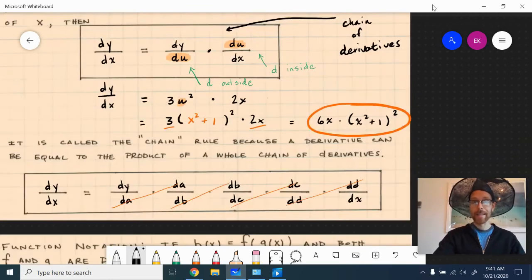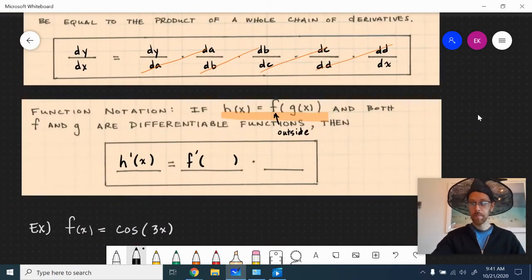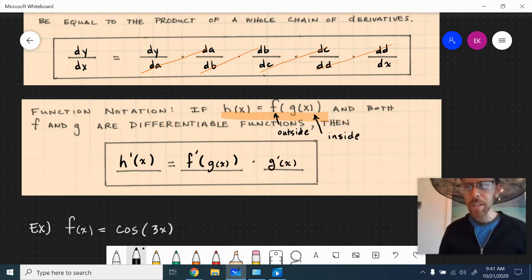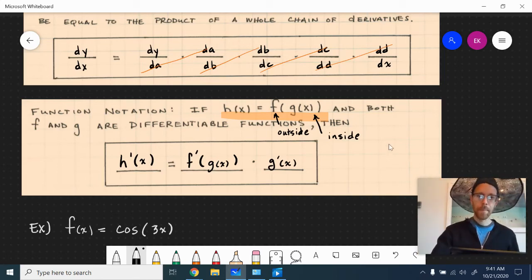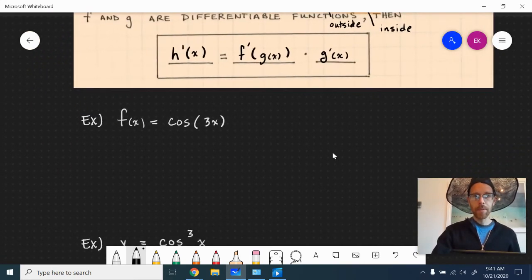So the inside gets left alone, which means this will be g of x. And then the second one is to take the derivative of the inside. So this will be g prime of x. There's a formula. Know it, live it, love it. Have it in your brain. Let's do some examples.